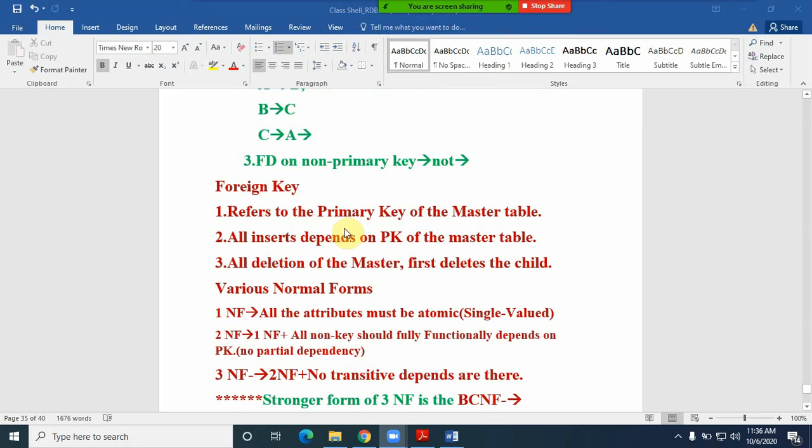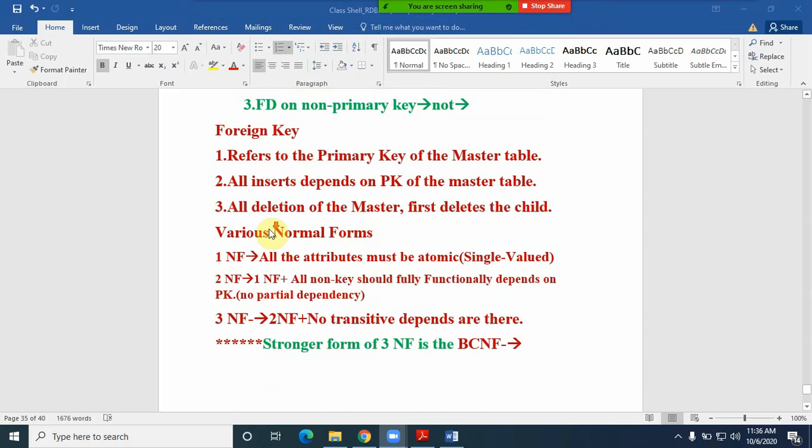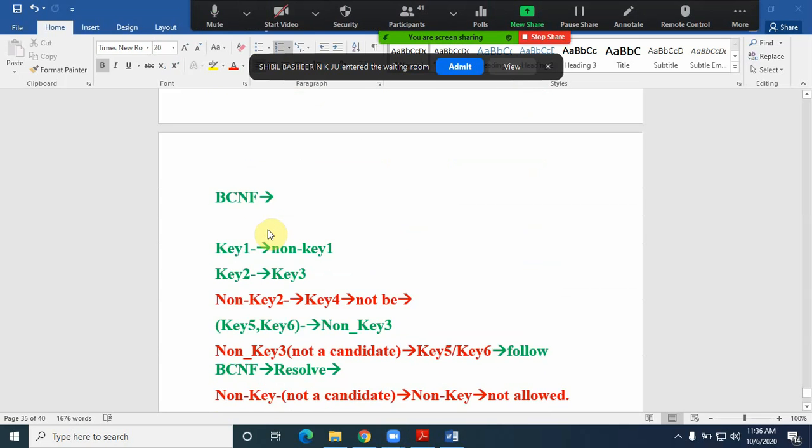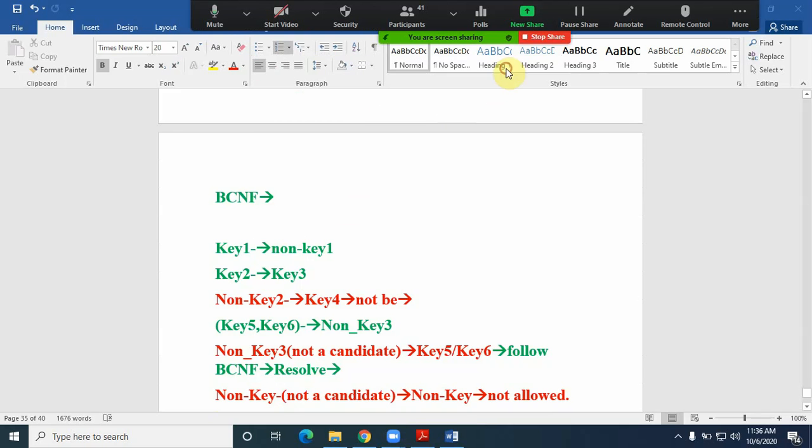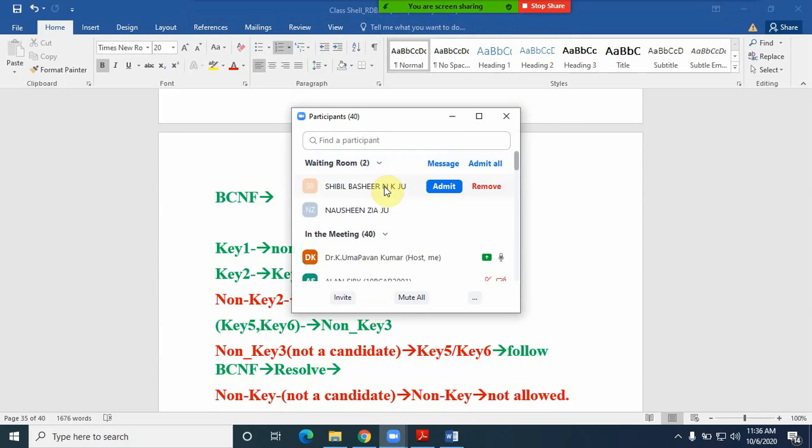Referential integrity plays a vital role, friends, in the observation of the transitive dependency. Those things we have seen. And next we discussed the related thing, which is nothing but a stronger form of the third normal form.